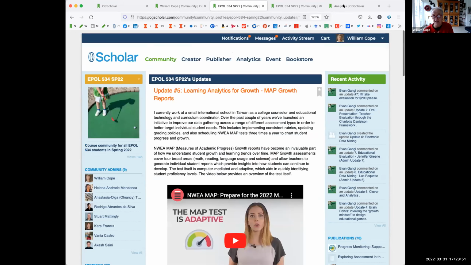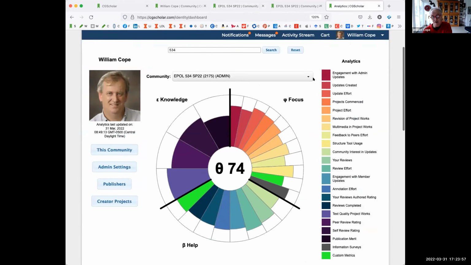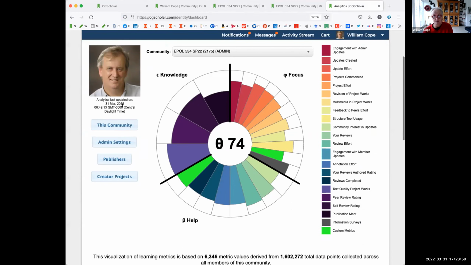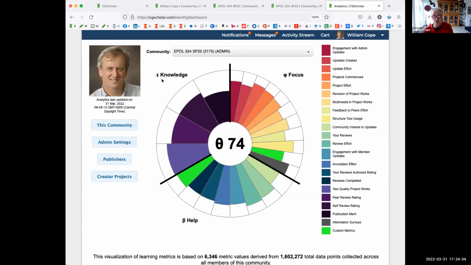But Mary also mentioned the analytics. So this is the analytics for this course. Everybody has one of these visualizations, and Mary mentioned knowledge, engagement, and collaboration, these three measures. What we're doing is data mining all the activity that you're engaged in. By the way, we had a National Science Foundation grant to build this tool.